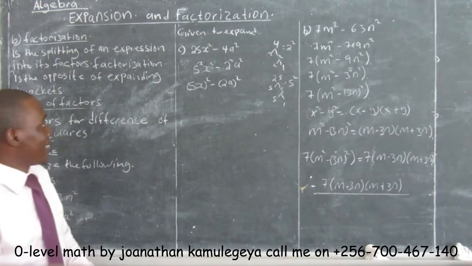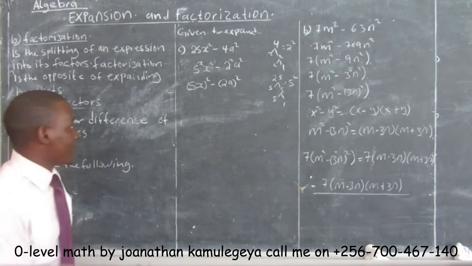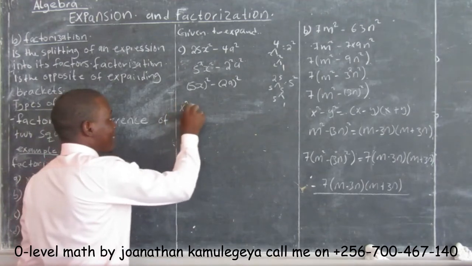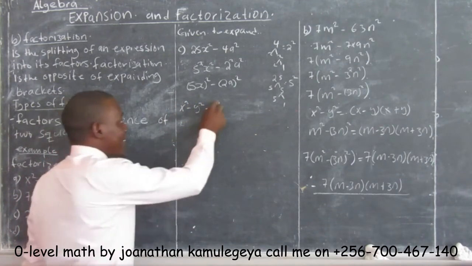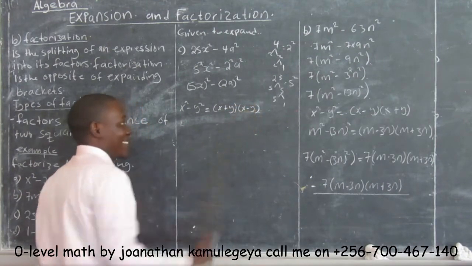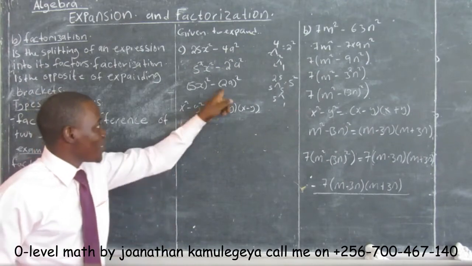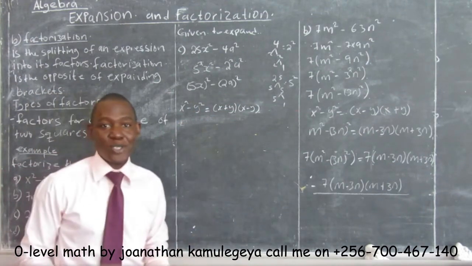Are we together? Then after this expression here, you are seeing it's a difference of two squares. It is in the form of x squared minus y squared, which is the same as saying x plus y and also x minus y. If we compare, our x is going to be 5x and our y is going to be 2a. Then we substitute in this expression.